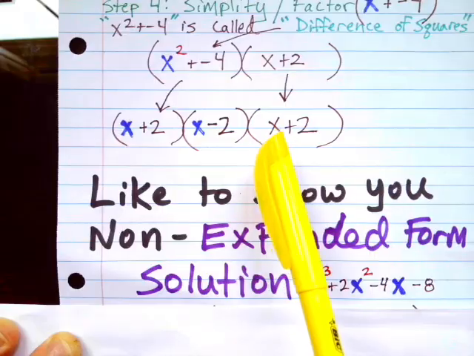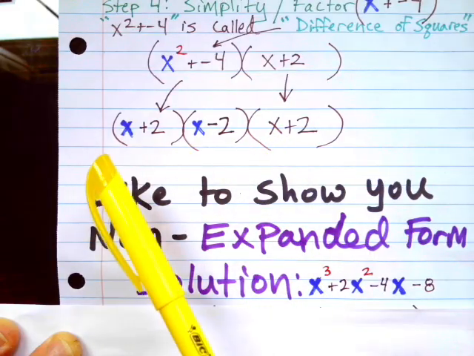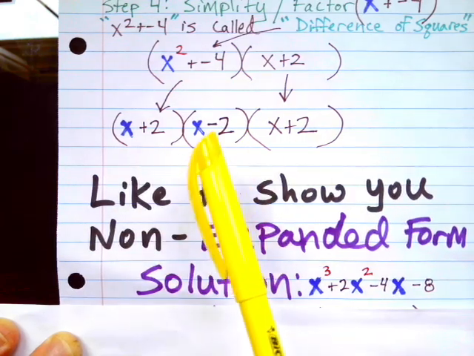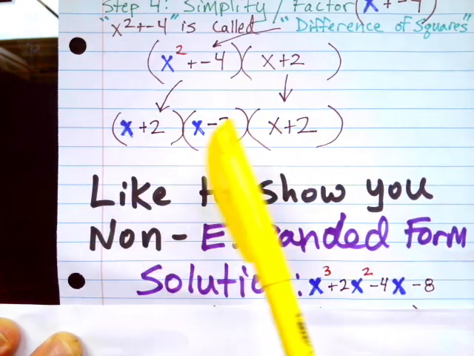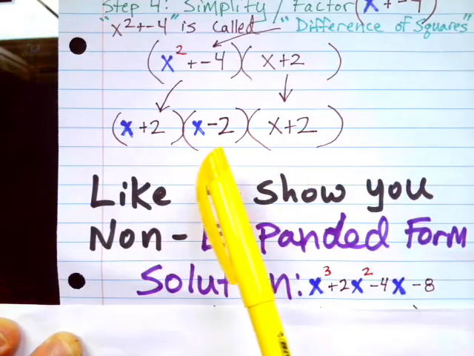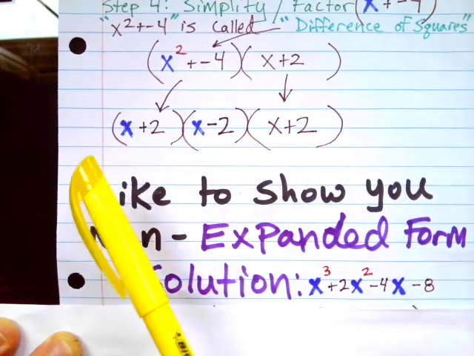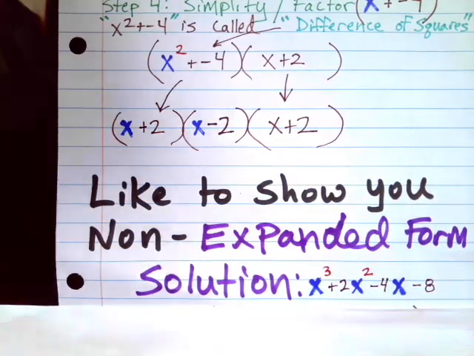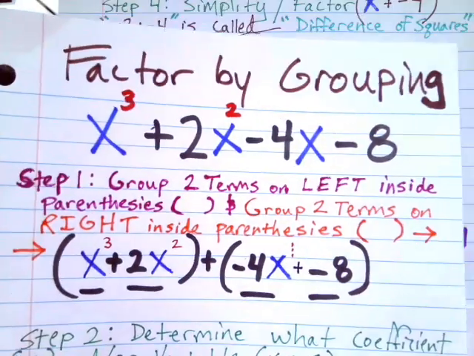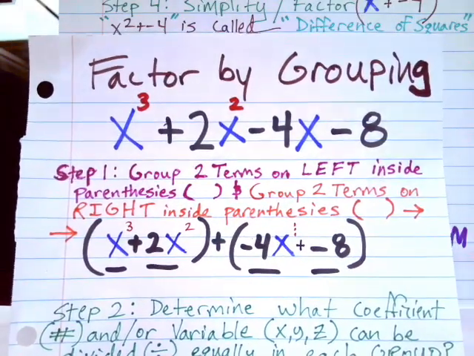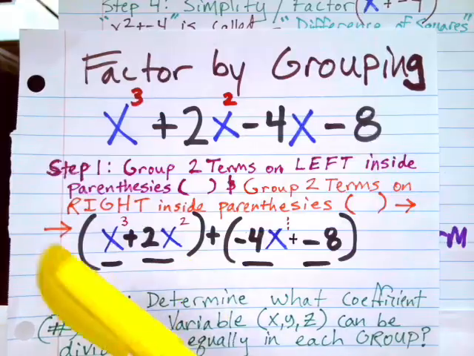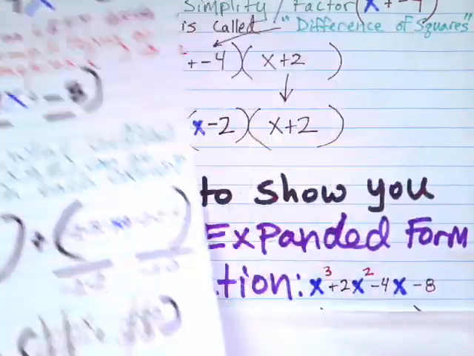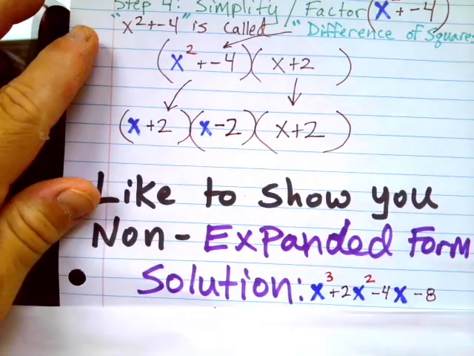Then you would take the outside term x and multiply it with each of the other terms, and distribute each of those terms with the 2, and then combine all like terms. If you did that correctly, you would end up with the same expression we started with: x cubed plus 2x squared minus 4x minus 8. That's how you would check your answer.